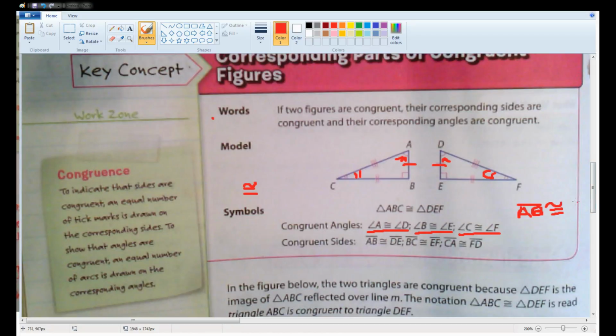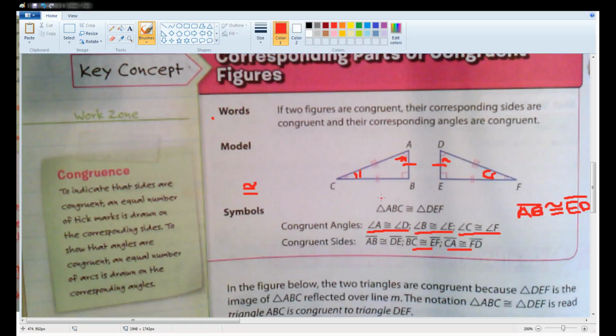In this case, it's ED. Now, we would go through and match up each side. Notice that CB has 2 marks, EF has 2 marks, and AC has 3 marks, and DF has 3 marks. That's what we've listed right here.